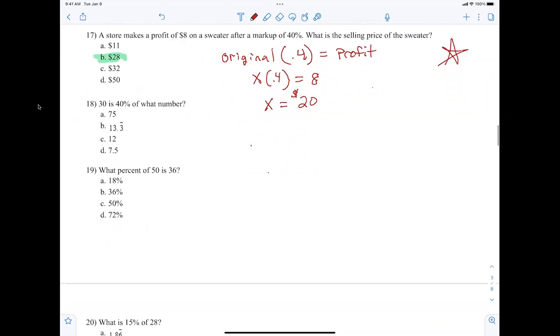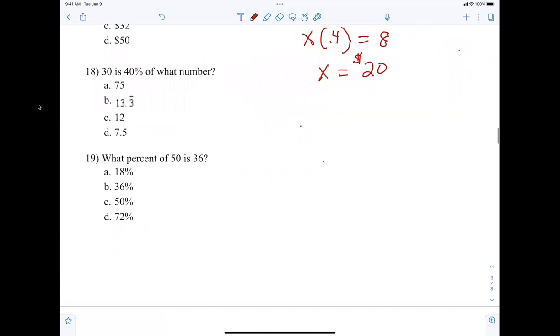All right, here we go for 18. 30 is 0.4 times X. What is it? A, yeah. And I'm happy that some of you guys are telling me that. It's got to be more. All right, I like that.